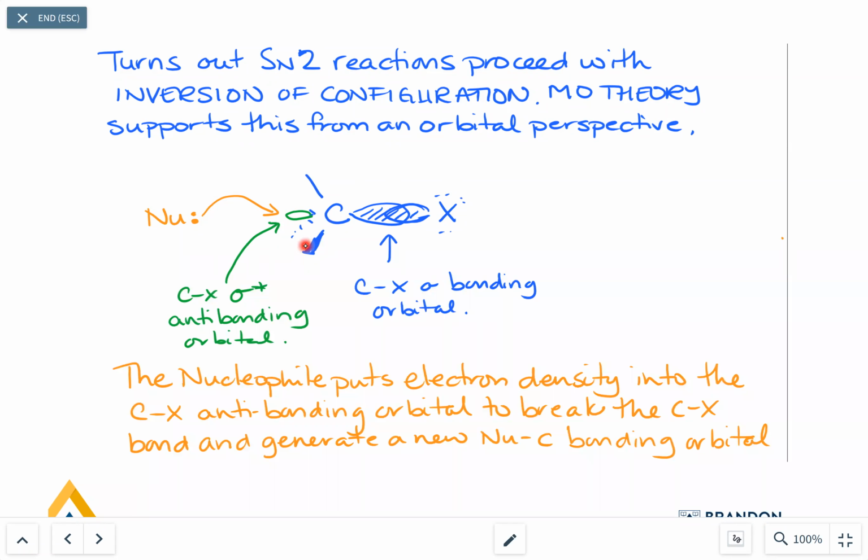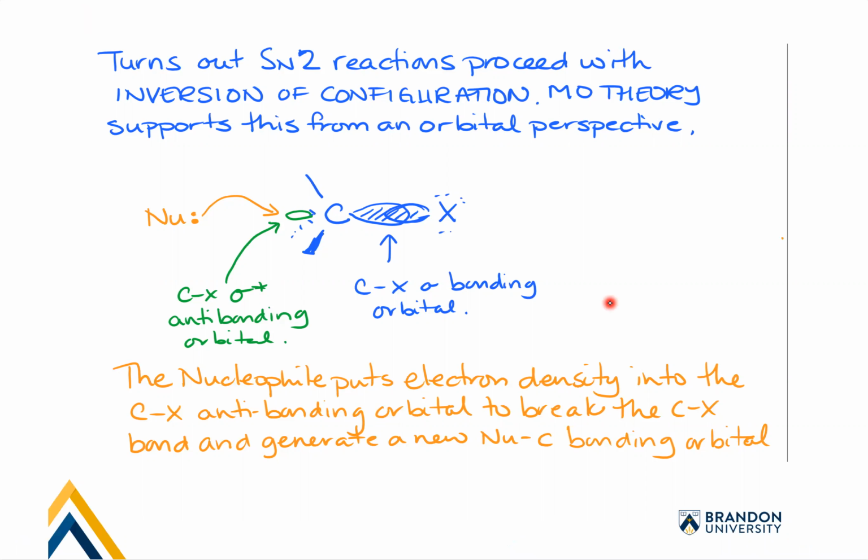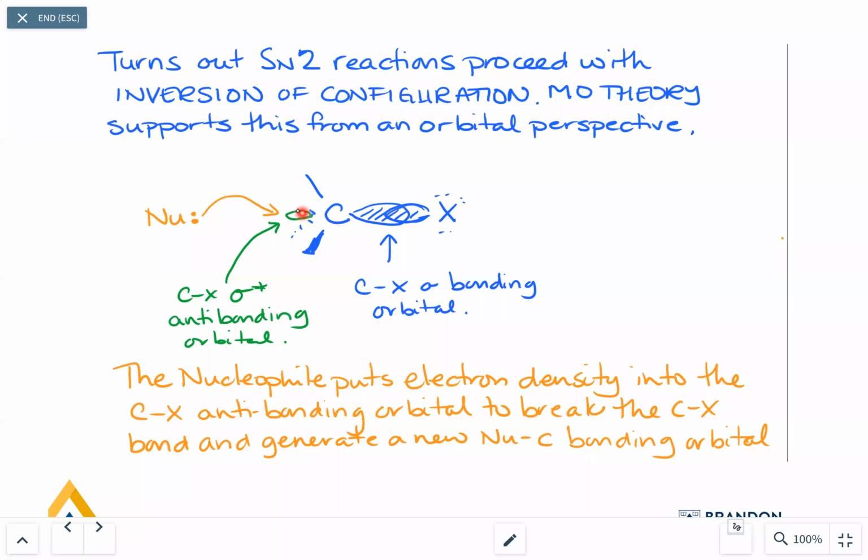So we'll get an inversion of configuration if this happens to be a chiral carbon. If it's not a chiral carbon, the nucleophile still attacks from the opposite side.